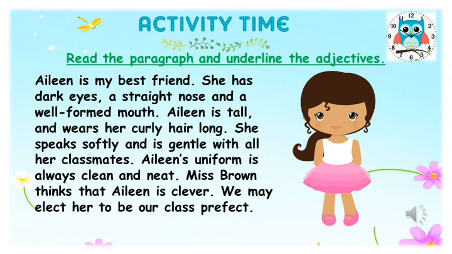She speaks softly and is gentle with all her classmates. Eileen's uniform is always clean and neat. Miss Brown thinks that Eileen is clever. We may elect her to be our class prefect.